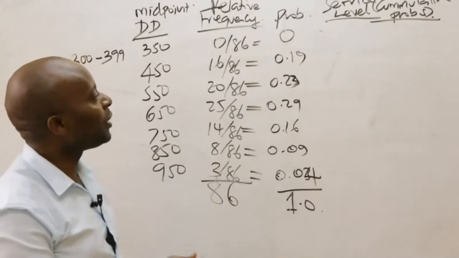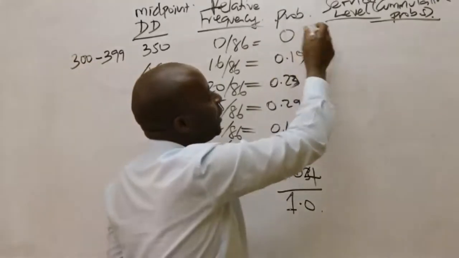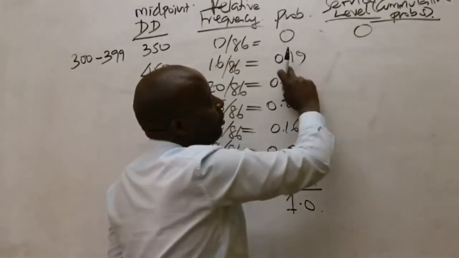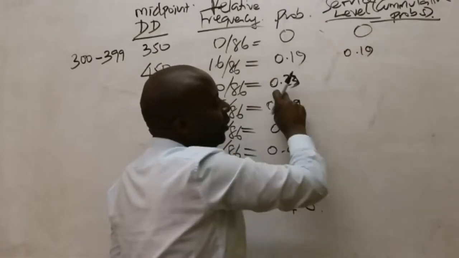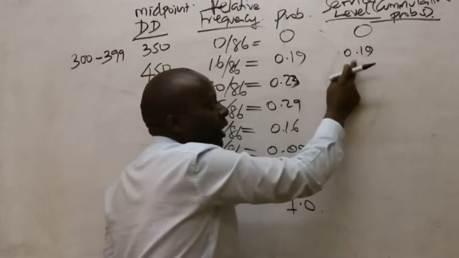So what do we have, ladies and gentlemen? While accumulating, this becomes 0.19. And then you keep on accumulating.